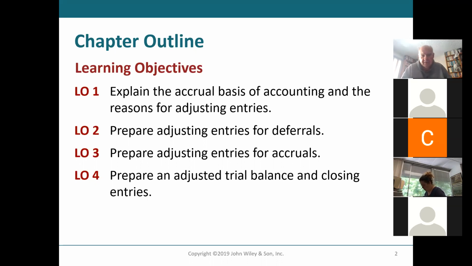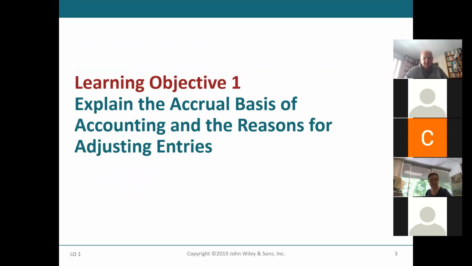How about that? The month ended. We had 30 days of recording transactions. The month ends, and now we find out we have to adjust an incorrect trial balance. And then we're going to prepare an adjusted trial balance and some closing entries. Okay, so this can be a little bit tricky. So let's attack it here logically and effectively.